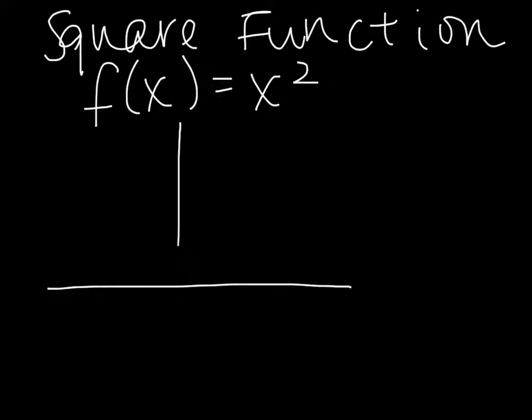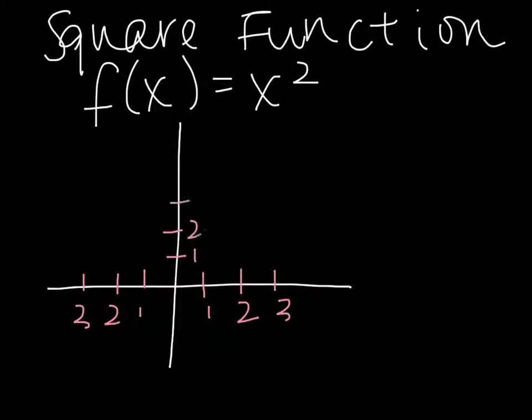If you were to graph this, say you've got 1, 2, 3, 1, 2, and 3. Okay, so with a square function, since there is nothing in the back of here, we know that there's a point at the origin, like it was with the identity function.